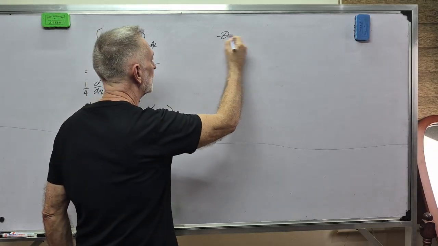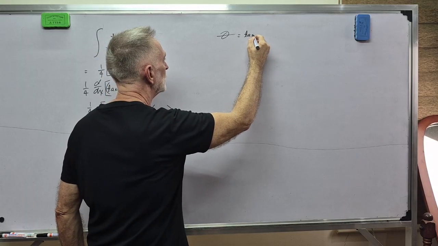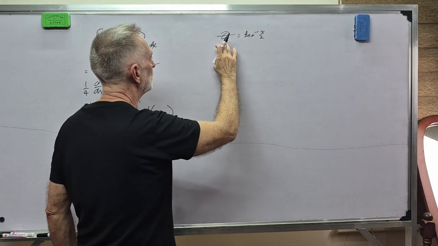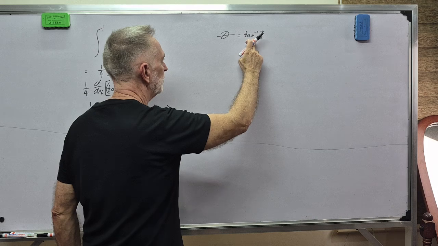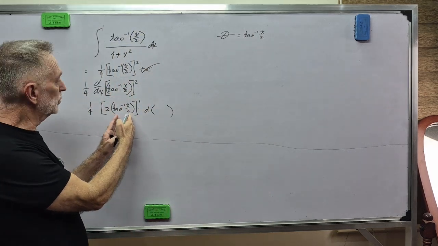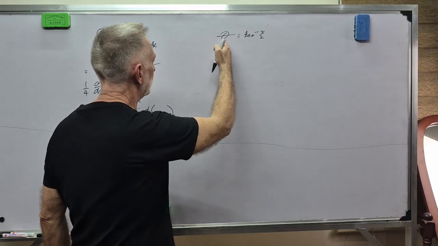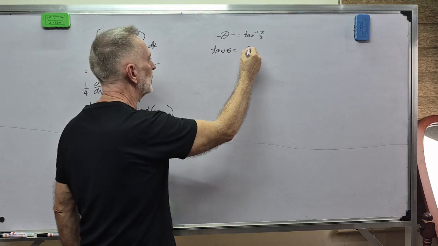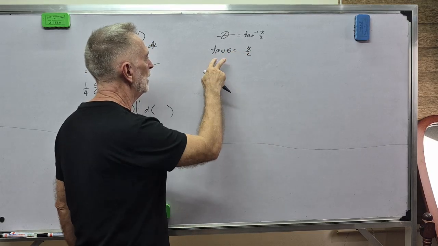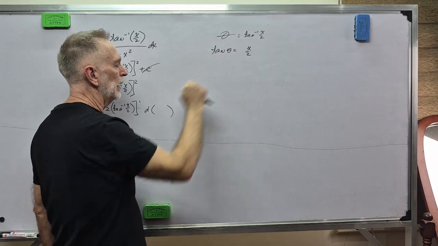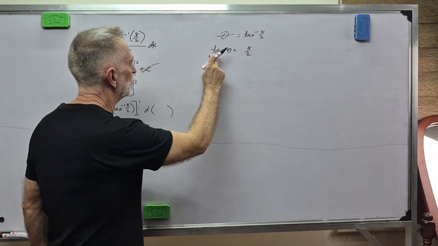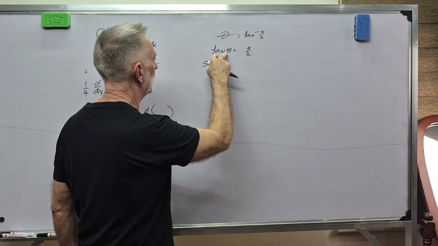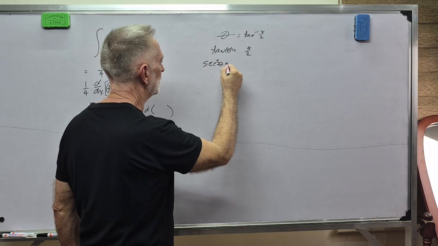You should know from your trig days that theta equals tangent inverse x over 2. So if I'm taking the derivative of theta, or the derivative of tangent inverse x over 2, that's the derivative of theta. Well, this implies that tangent theta equals x over 2. If I use the chain rule here, I can end up with a d theta. So the derivative of tangent is secant squared theta, and chain rule, there's my inside function, d theta.